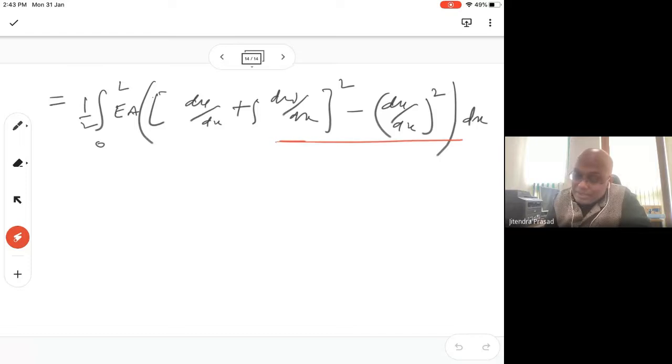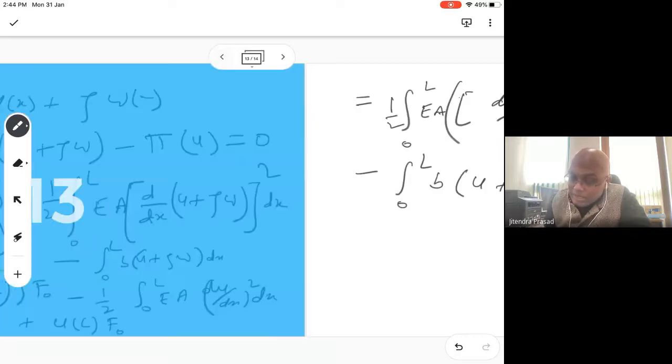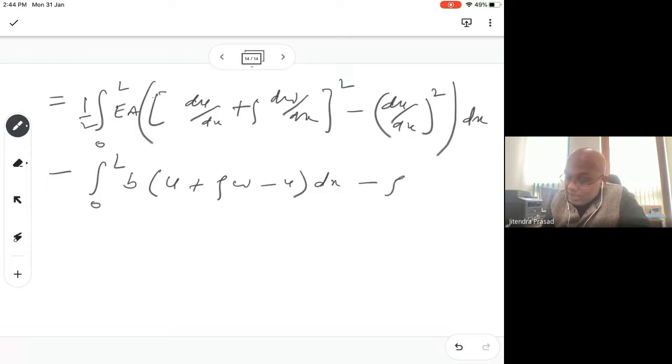Similarly, we also take the other terms, so integral 0 to L of B times u plus zeta w minus u dx, and then minus, you have last this term minus this term, so you get just minus zeta w at L f naught.